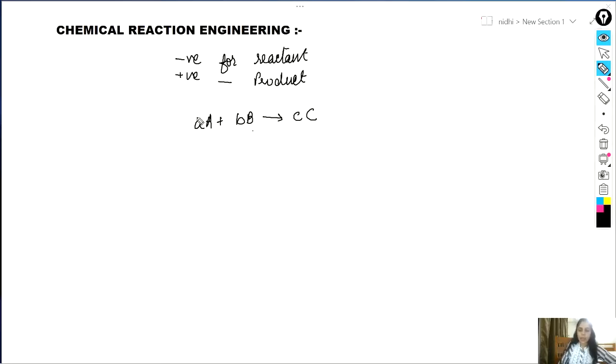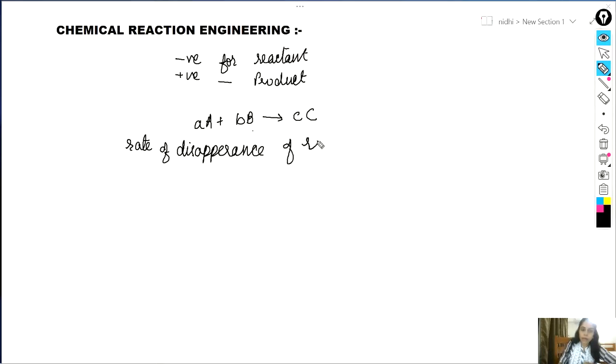So A and B are the reactants and C is the product. So the rate of reaction with respect to reactant A is the rate of disappearance of reactant A.